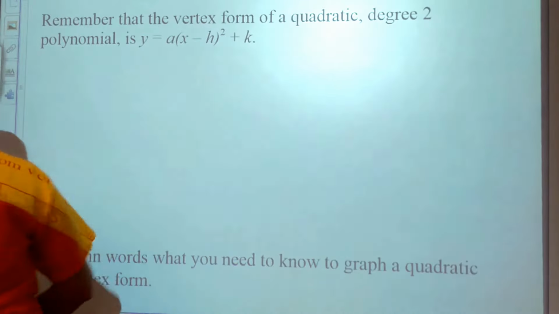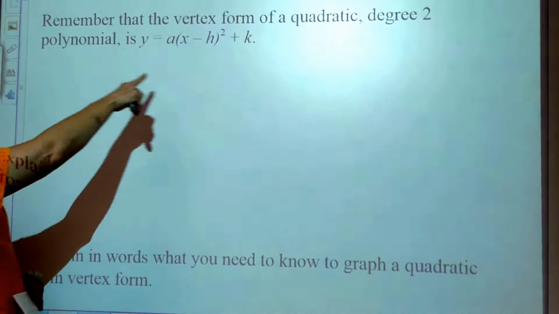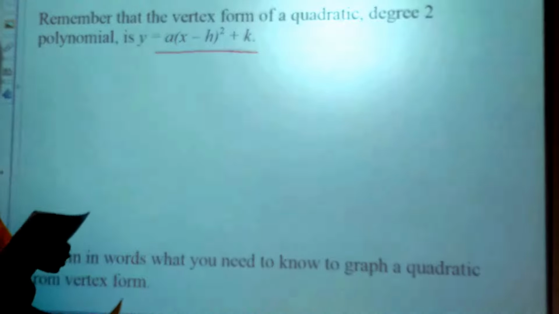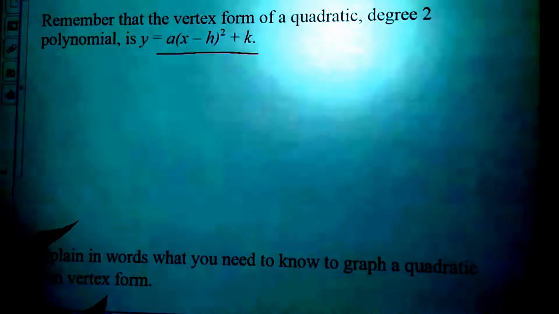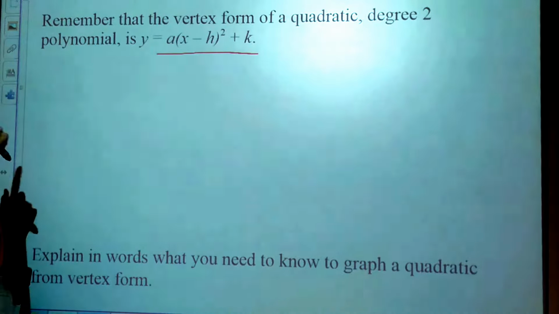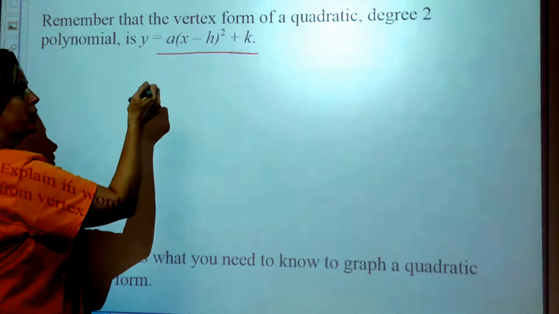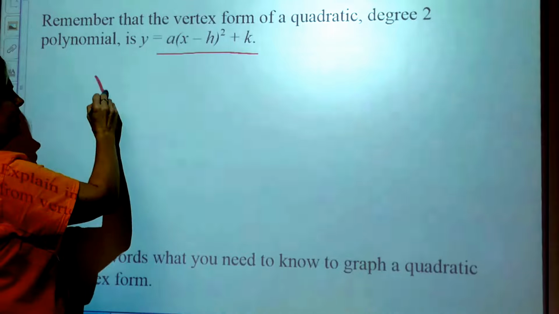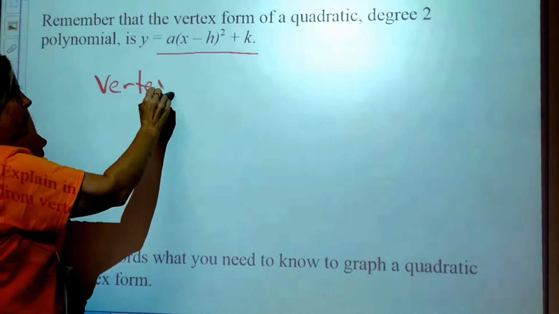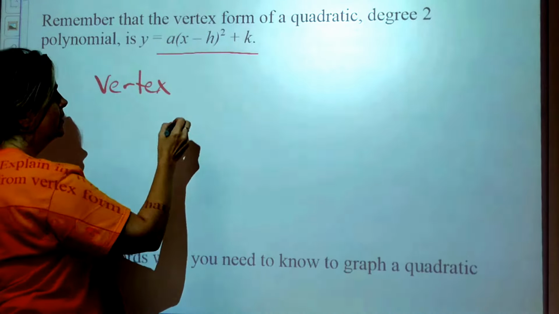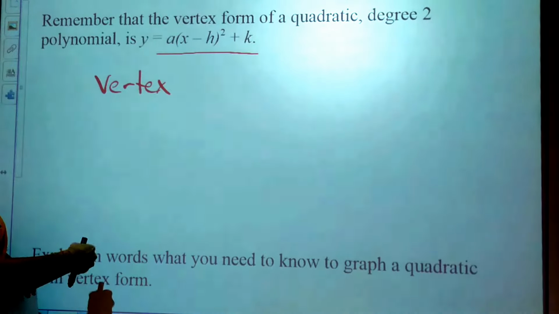If we're in vertex form, remember, it looks like this. That's what we were hoping you would put on the blank. And with vertex form, it's simple to find your vertex. It's just the opposite of whatever's with the x. Right? To answer the question, what would you need?